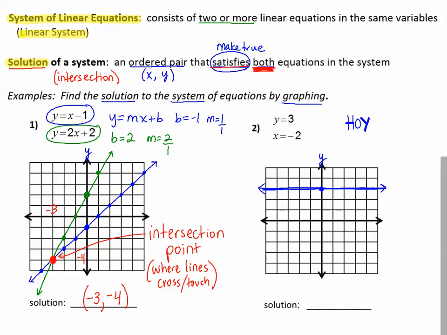The other equation, x equals negative 2, goes with Vux. If it only has an x in it, that reminds us that we're going to draw a vertical line. Find where x is negative 2 and draw a vertical line.